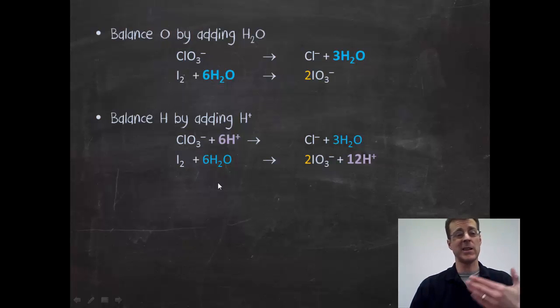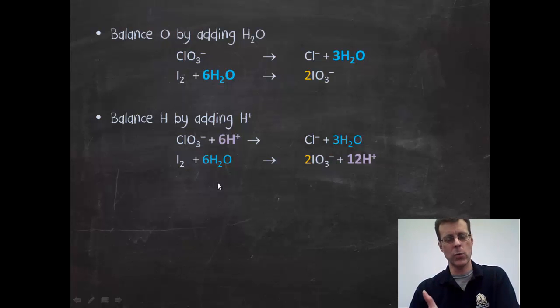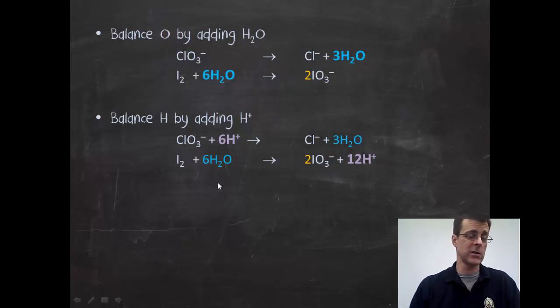Now, pausing here for a little babble, it's not necessarily the case that you'll add water to the left side of one and the right side of the other. Maybe, but not necessarily, so don't look at that pattern. It won't necessarily be that you'll add hydrogen to one side and not the other, or to one side of one and the other side of the other. Or you might not add any hydrogen at all. It all depends on how it works out.